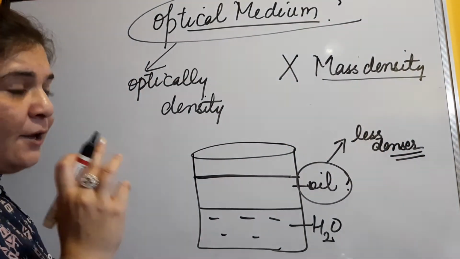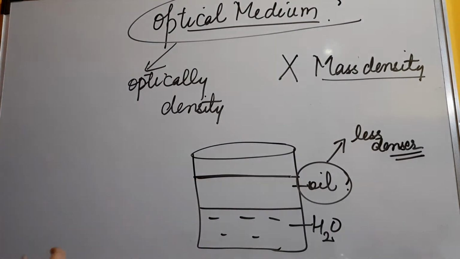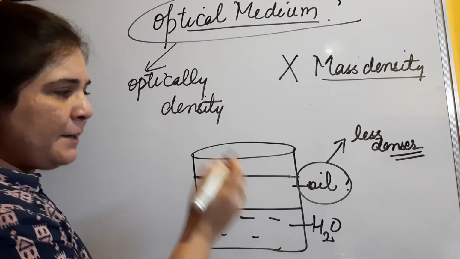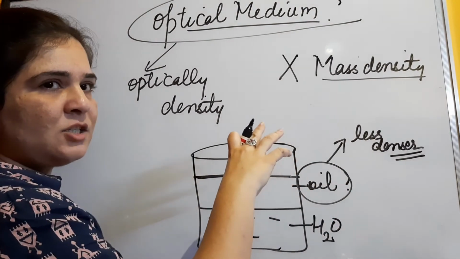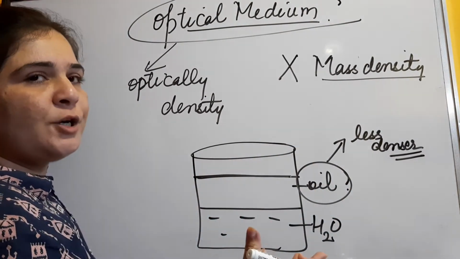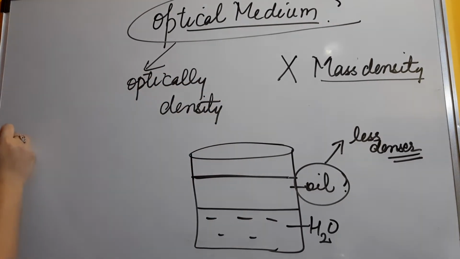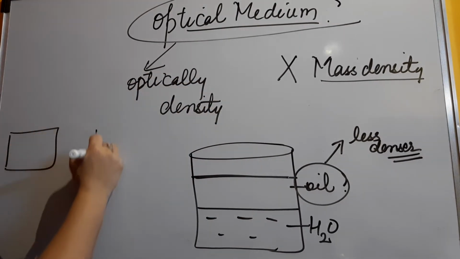But if I take a light ray and pass it through, will it behave the same way? Because of the lower density, will the change in the light ray be smaller? Let us see. Suppose this is oil and this is water.